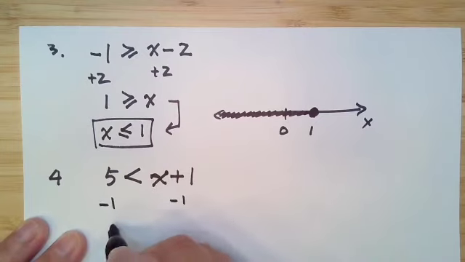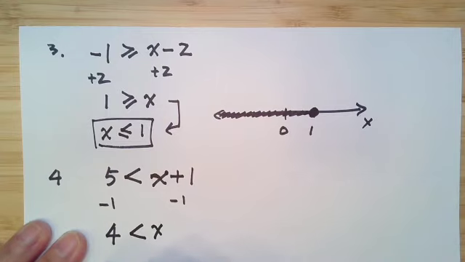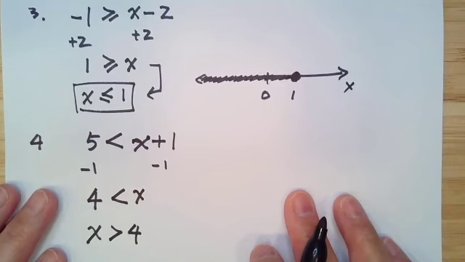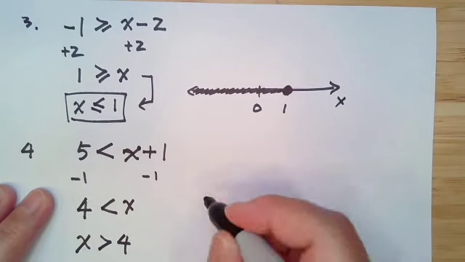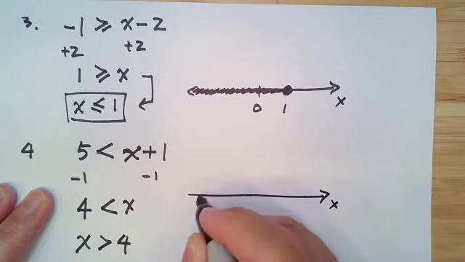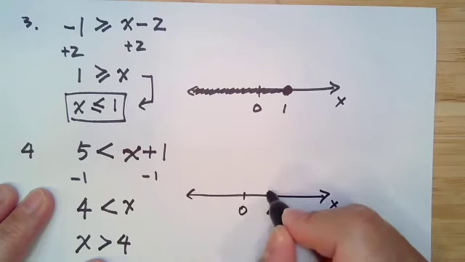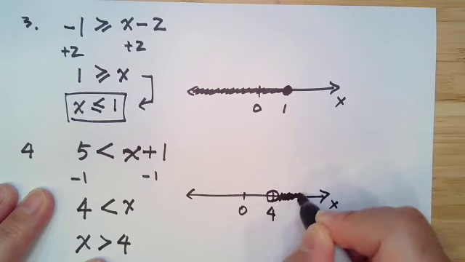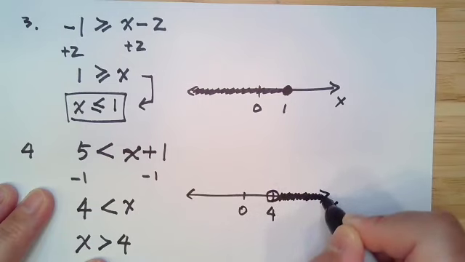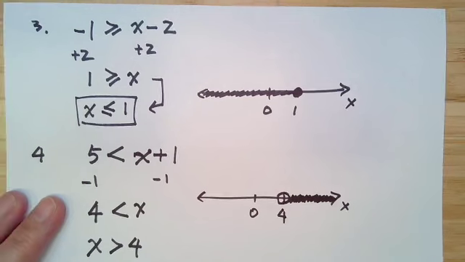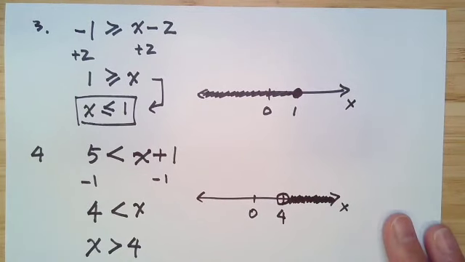So I have a 4 less than x, and it's equivalent to x is greater than 4. So we have a 0 and a 4. And we're going to draw a circle because there's no equal here. So that's greater than 4. That goes here. Got it? See? We use the rules we have, and we already solved 4 inequalities.